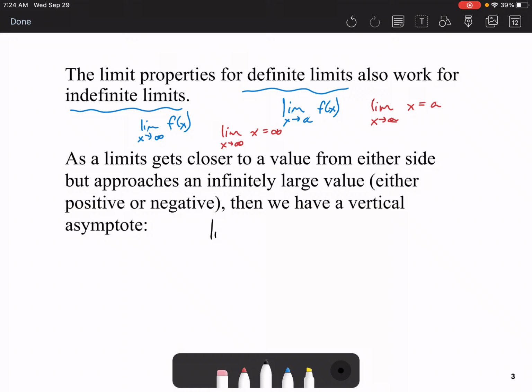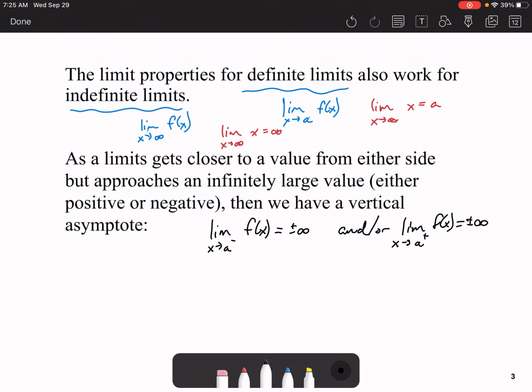So, the limit as x approaches some value, let's say a, from the left for your function equals plus or minus infinity, or the limit as x approaches a from the right for your function f of x, again, approaches plus or minus infinity. That way you can see that you approach a vertical asymptote.